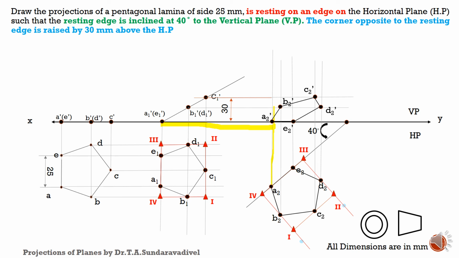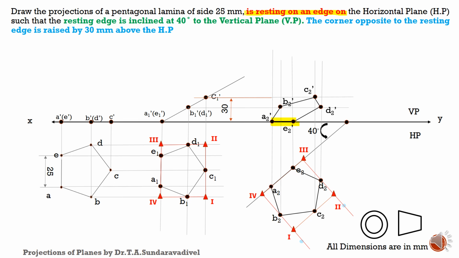So now ultimately we have solved the problem, and we can check whether we have solved all the conditions given here. The object is resting on an edge on HP. Right, the first point is satisfied.